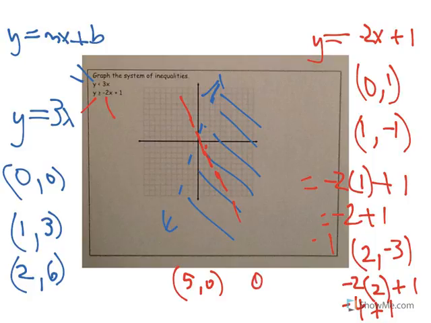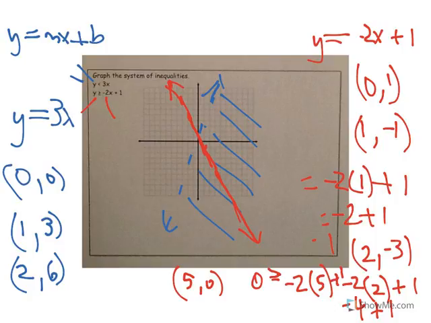So is 0, I'm just plugging in the values here, is 0 greater than or equal to, oh actually it was greater than or equal to, so it's not a dashed line. My mistake. So negative 2 times 5 plus 1. Is that true?